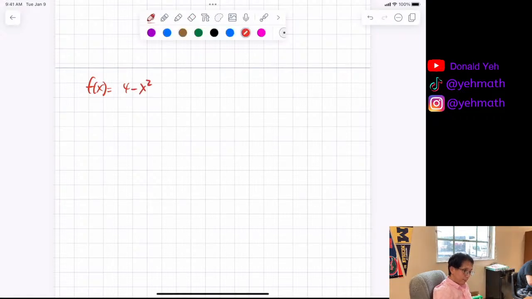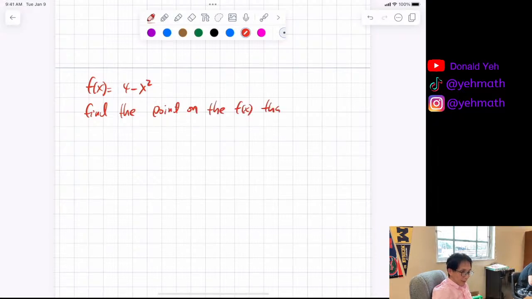Find the point on the function that has the closest distance from the point (0, 2).